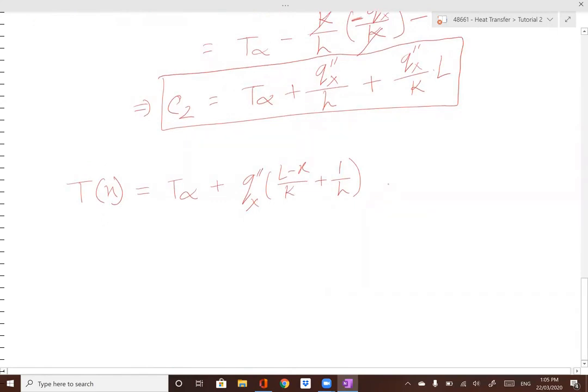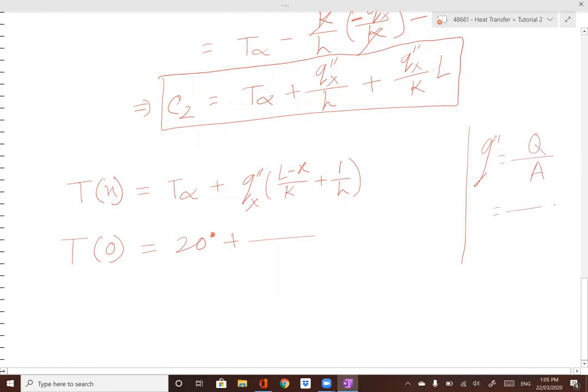Now we'll find the inner surface temperature, T when x equal to 0. The surrounding temperature given is 20 degrees. So 20 degrees plus heat flux; we didn't calculate it yet, but the heat transfer is given, so we can calculate it separately. Heat flux will be Q divided by base plate area.